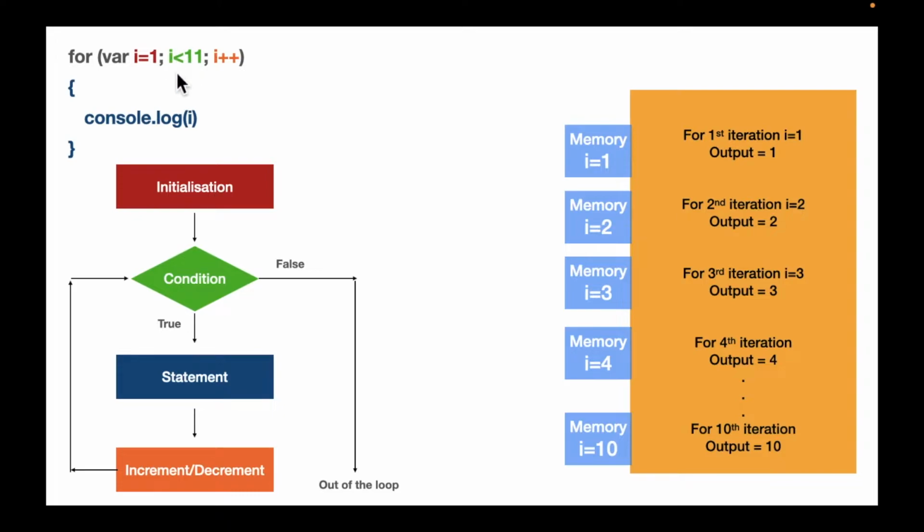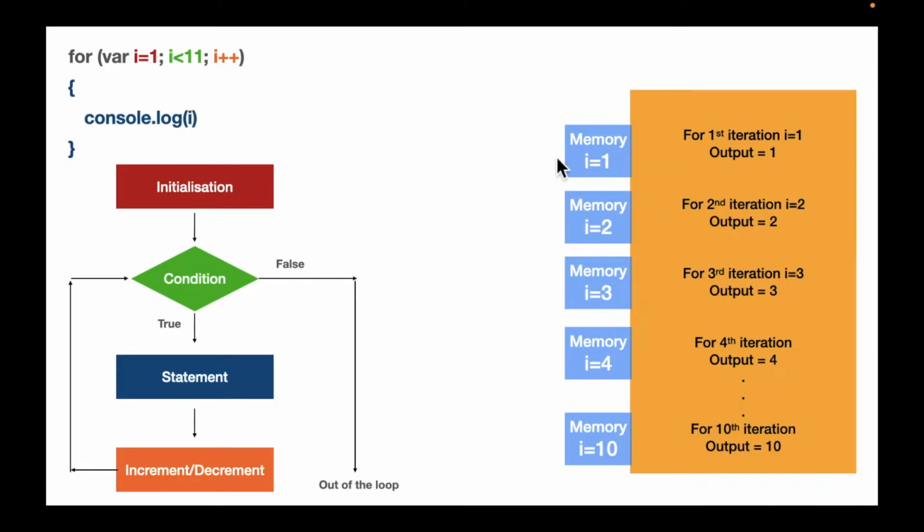Is it true? Yes, it is true, because I equal to 1, and 1 is less than 11. If it is true, then it will go to the statement and execute all the statements inside its boundary. So it will console.log 1.